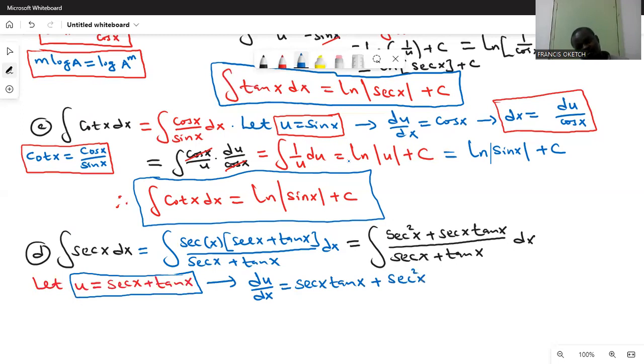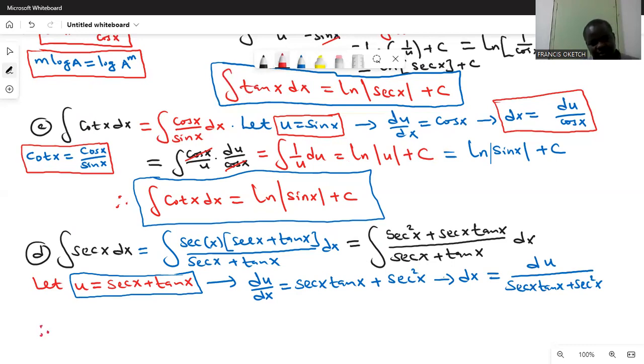Or you can say that if I make dx the subject, it is the same as du over sec x tan x plus sec squared x. So back to our integral.